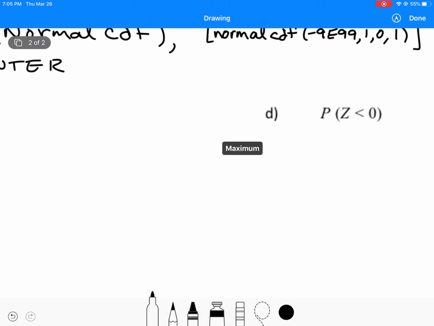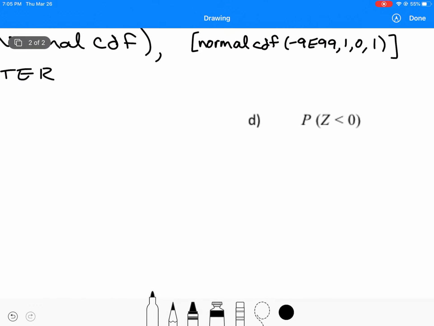Our next example, now we're looking at the probability that our random variable z is less than 0. This one has a little bit of a subtlety. This is actually equal to 0.5.